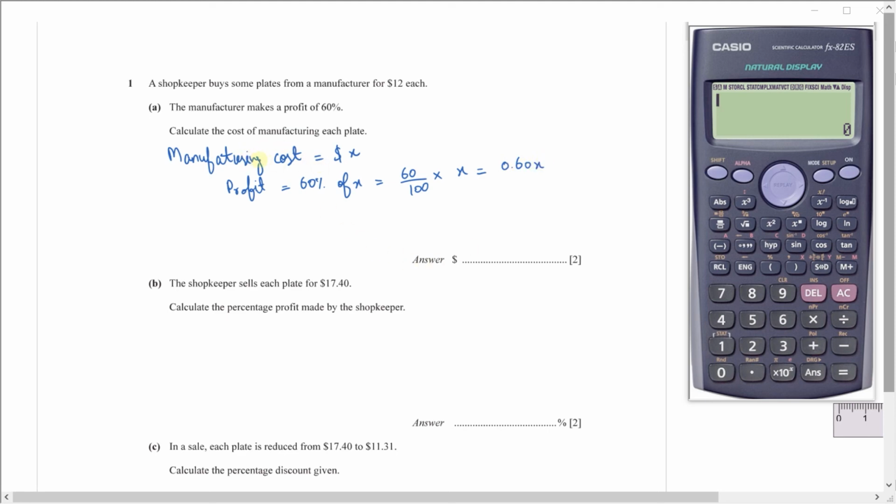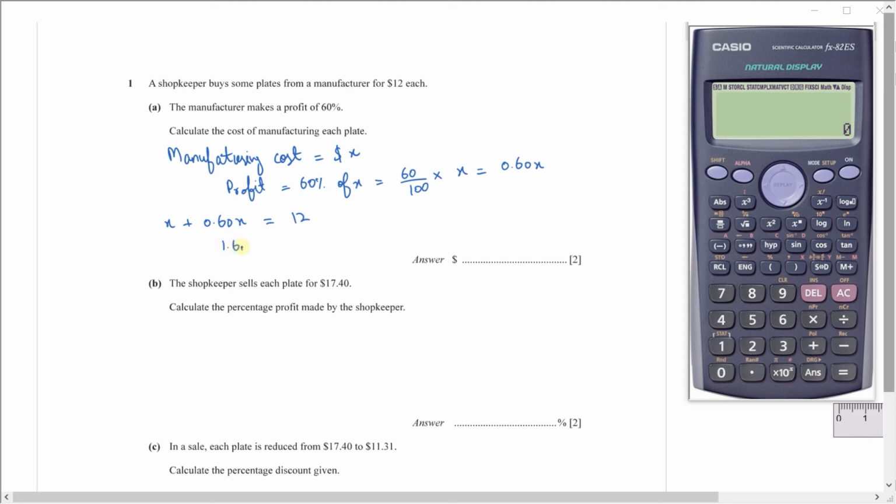So the sale price, or the price at which the shopkeeper buys the plate from the manufacturer, is $12. That means the manufacturer sold each plate for $12. So the selling price will be the cost price plus the profit. So this will be X, which is the cost price, plus 0.60X, which is the profit, should equal the selling price of the manufacturer, which is $12.